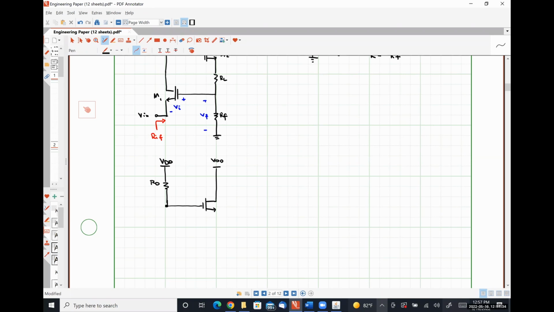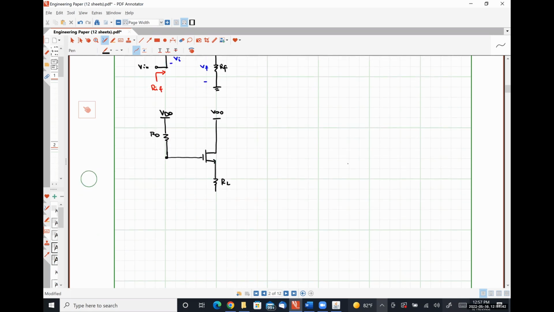Here's VDD. And then on this path, we're going to see RL in series with R22, which is just RF.